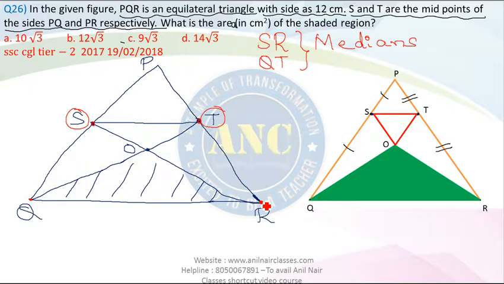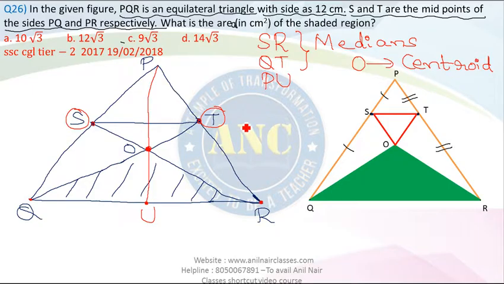In a similar fashion, if I join this line, for example to some other point U, PU is also a median, and the point of intersection of all three medians, which I named O, in this particular question is nothing but the centroid. We all know all these things, right?